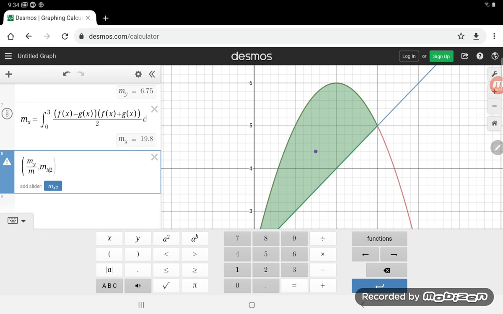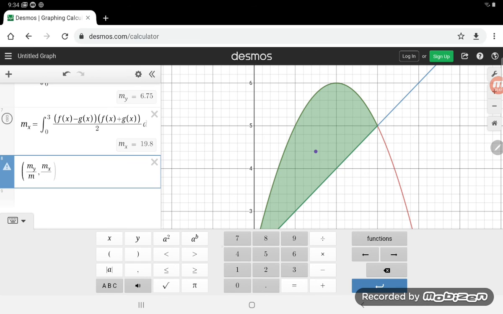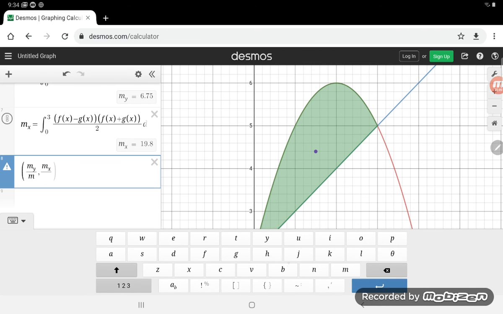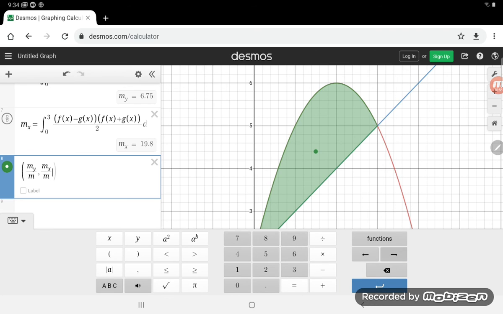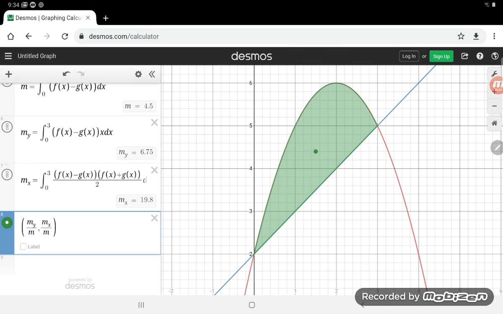Okay, and m sub x divided by m. And close off that parenthesis, and you see it's dark blue.